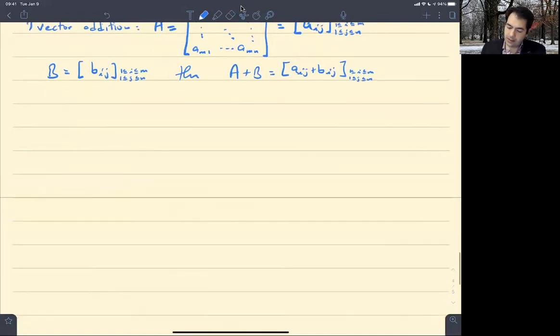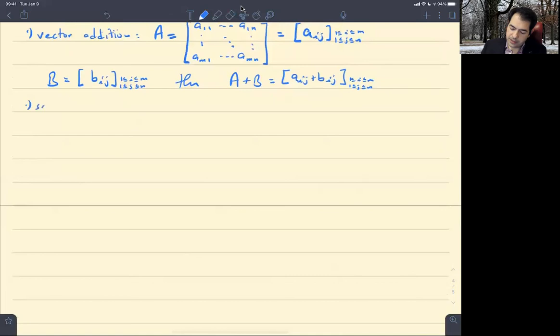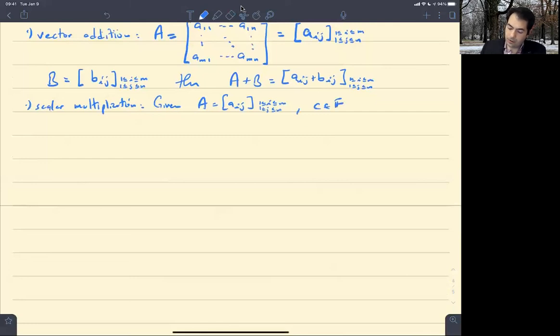Okay, and then that's vector addition, and then scalar multiplication. So given a matrix with entries aij and a scalar, let's say c, then c times the matrix is just multiply every entry by c.